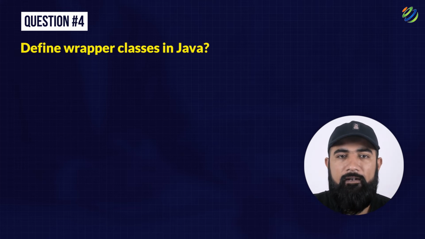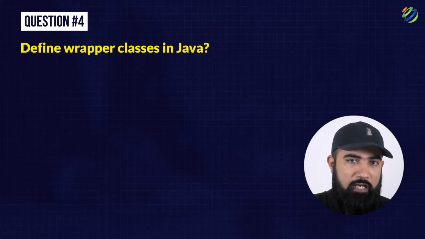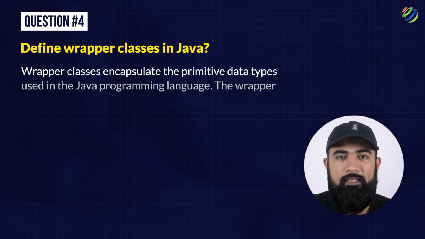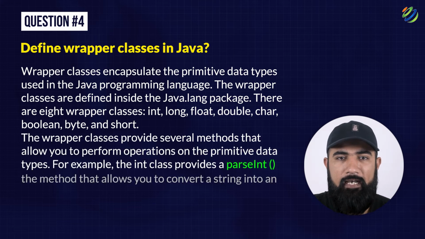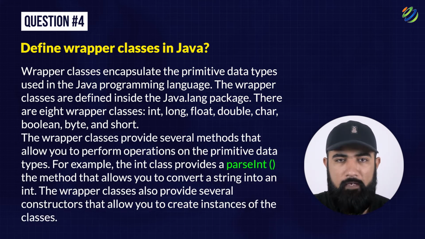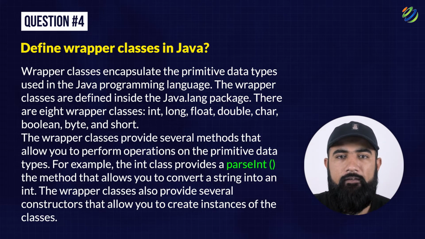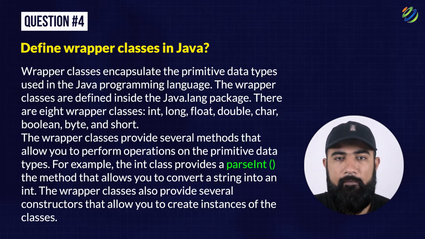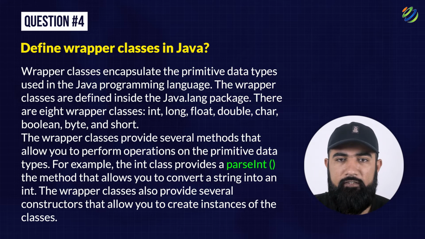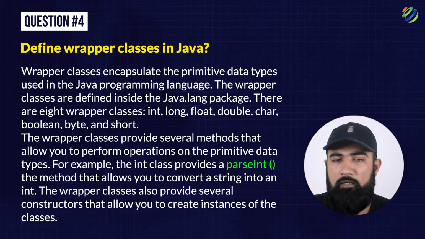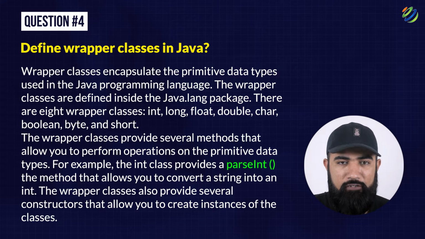Number 4. Define wrapper classes in Java. Well, wrapper classes encapsulate the primitive data types that are used in the Java programming language. The wrapper classes are defined inside the java.lang package. There are 8 different wrapper classes: Integer, Long, Float, Double, Character, Boolean, Byte, and Short.